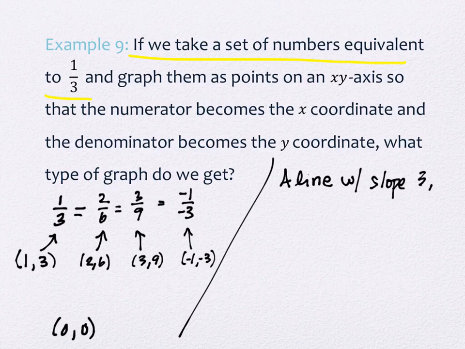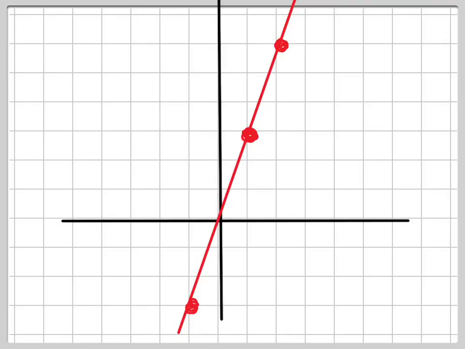And there's a problem. What's the problem with 0, 0? Okay, it's not a fraction. Specifically, it's not the fraction 1/3. Right? It's definitely on that line. There's no question that the way that we've connected things, it should be on that line with this description. But it's actually not because it does not have that ratio 1/3.